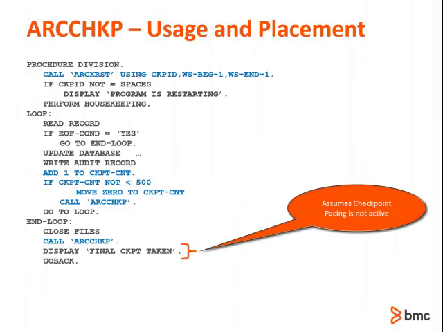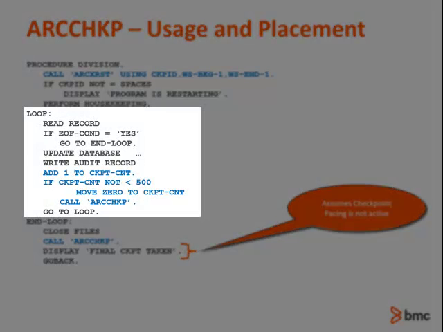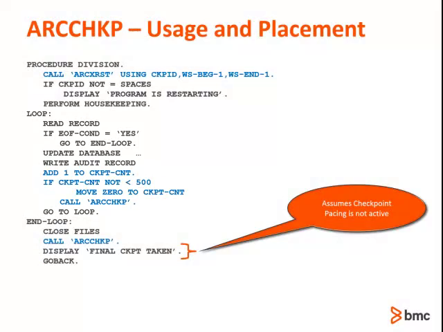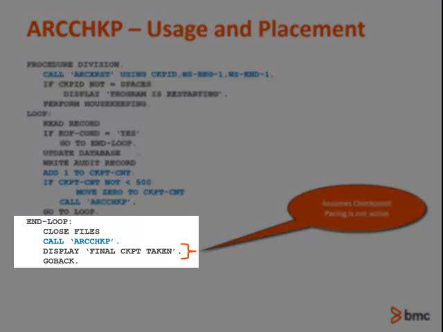This simple program logic shows how to use the ARC checkpoint call. Notice that the program is trying to issue an ARC checkpoint call for every 500 input records. If this is a DB2 program, a DB2 commit will be generated by ARC as each ARC checkpoint call is processed. The developer has chosen to issue a final checkpoint at program shutdown time.